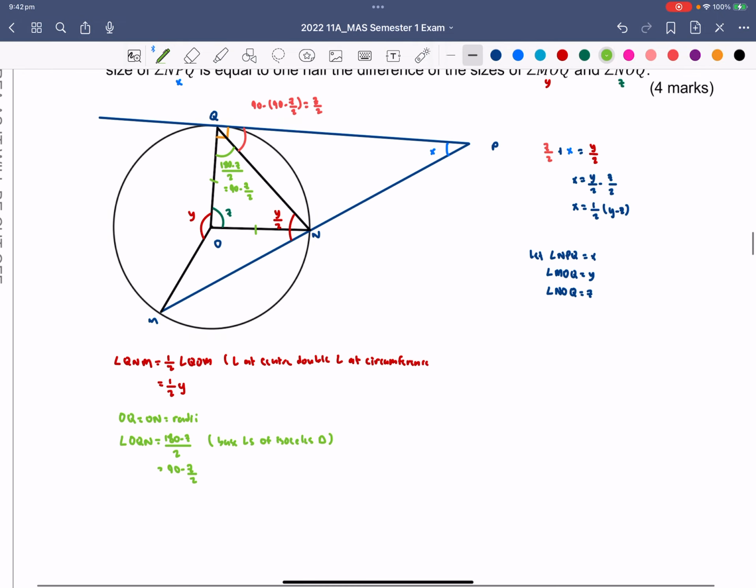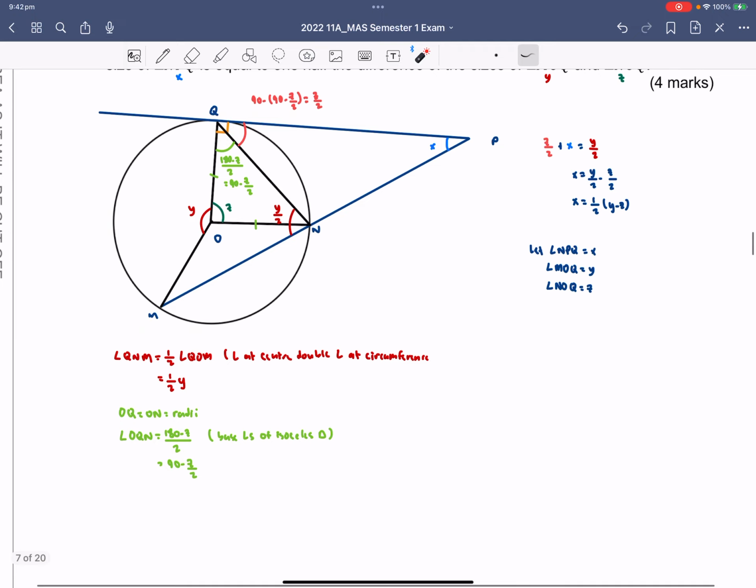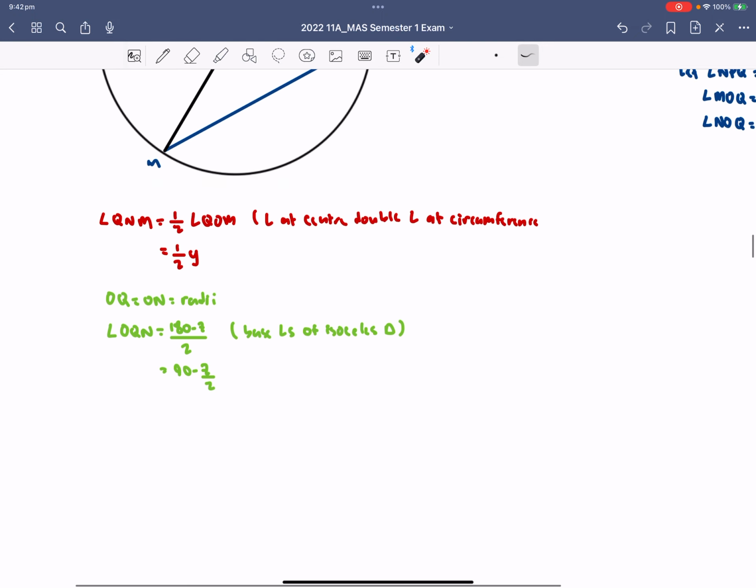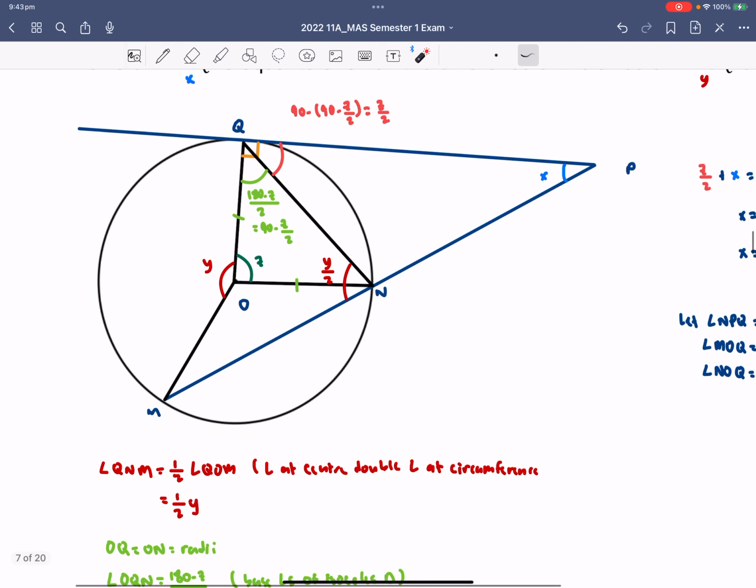What else did we have? We had this is 90 degrees. So angle OQP was 90 degrees, and the reason for that is a tangent is always perpendicular to the radius. Which meant this was easy to find out.